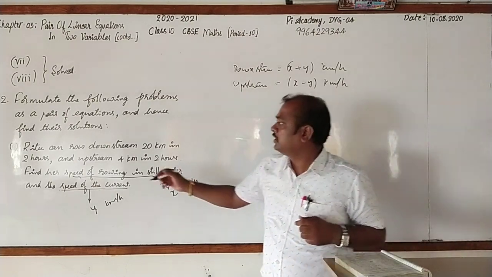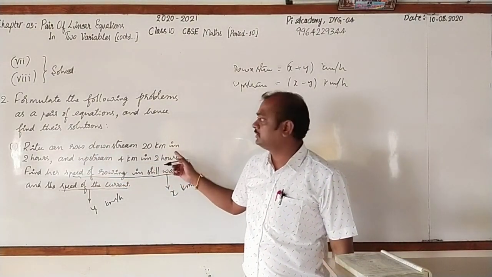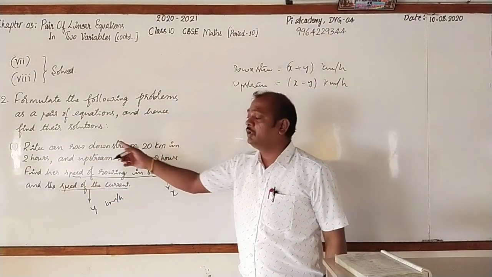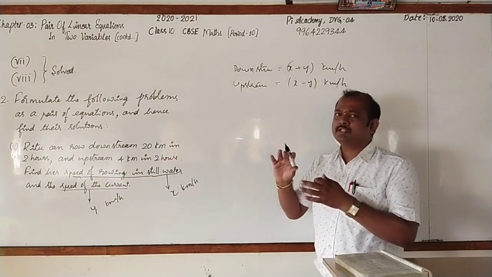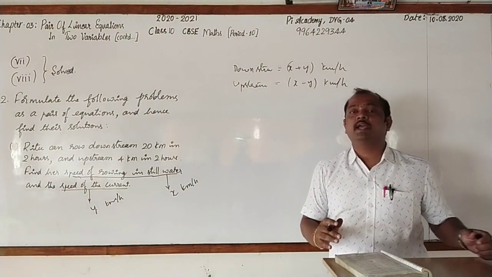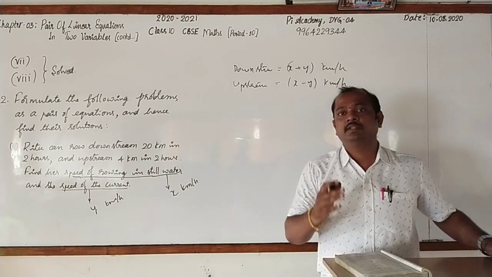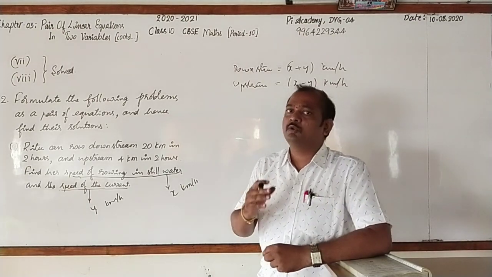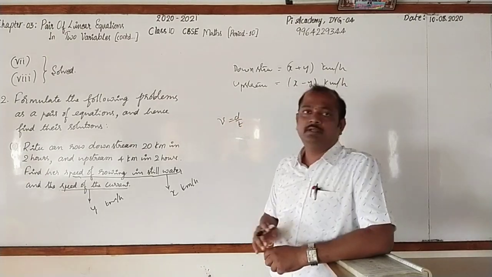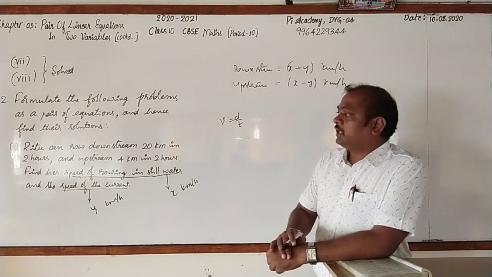After getting this, you can go for these two statements. That is, Ritu can row downstream 20 kilometer in 2 hours. So, just by observing that sentence, you can come to know a physical quantity has been introduced. Which is that? Yes, you are right. It is speed. Then what is the speed formula? It is V is equal to d by t. Here, time has been given.